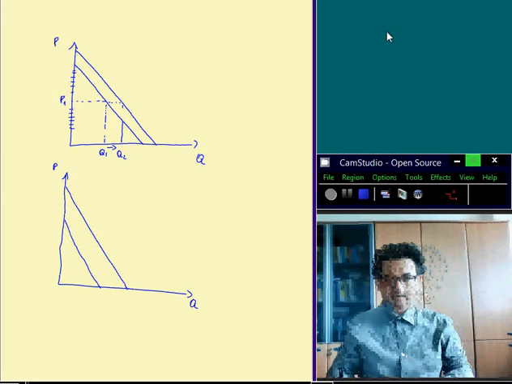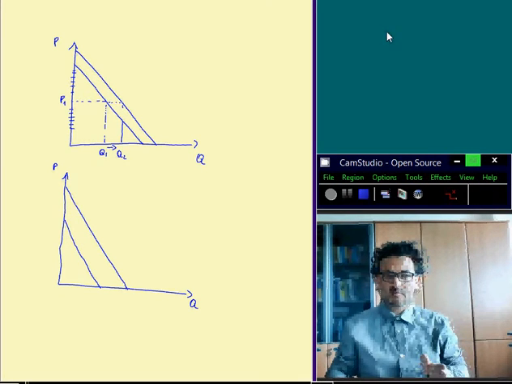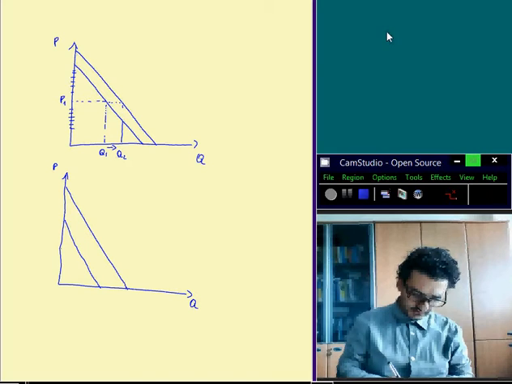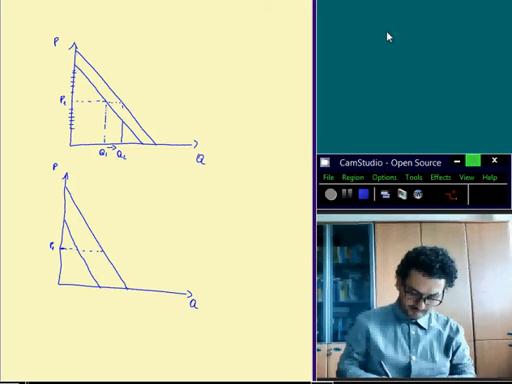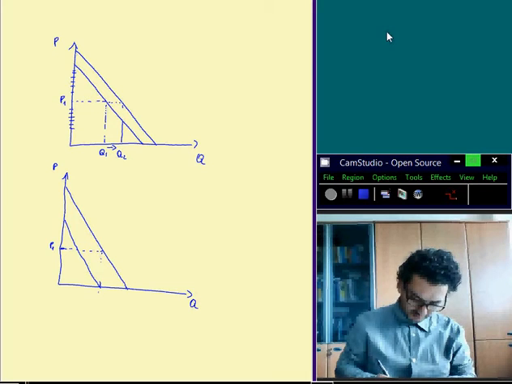And this is true because for each level of the price for coffee, now the quantity demanded is smaller. So if we take for example the level of price for coffee equal to P1, before the decrease of the price for tea, the demanded quantity was equal to Q1 for coffee.